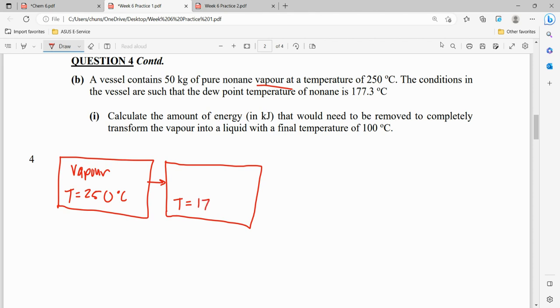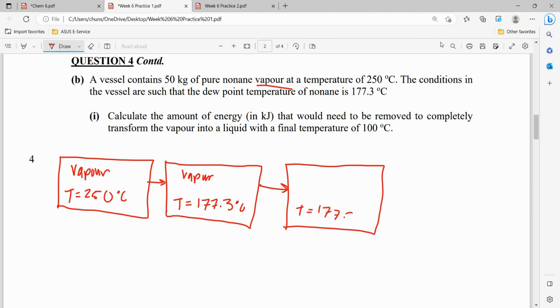So it's going to be our latent heat as we undergo phase change. That means our temperature is going to stay the same during this section. This is when it starts to turn into a liquid. And then we have it fully in a liquid phase at a final temperature of 100 degrees Celsius.